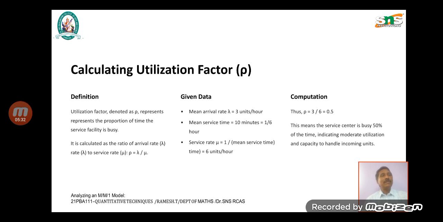Service rate mu is equal to 1 per mean service time, converting everything, that is 6 units per hour. So computation: rho is lambda by mu, lambda is 3 and mu is 6, so 3 by 6 is equal to 0.5. This means the service center is busy 50% of the time, indicating moderate utilization and a capacity to handle incoming units.